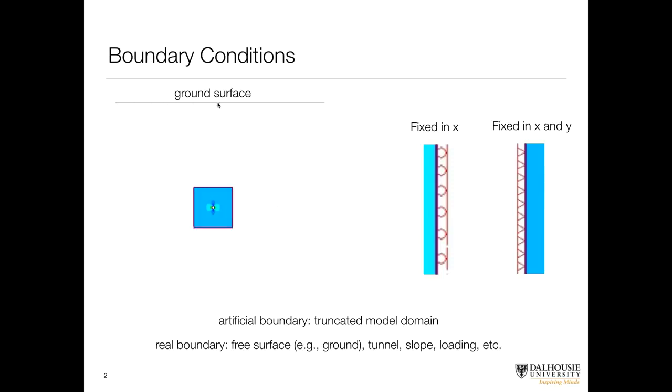So the ground surface would be a real boundary. It's a free surface. Another type of real boundary would be the inside of the tunnel. That would be an internal boundary. And it's also a free surface. In addition to that, we might have a foundation with some loading that we want to include, or whatever else.